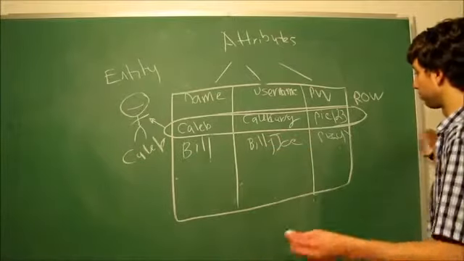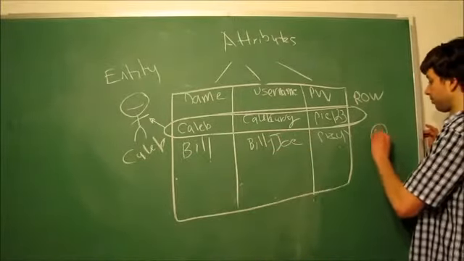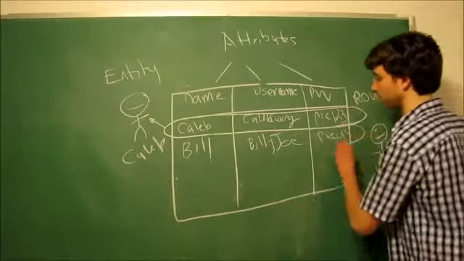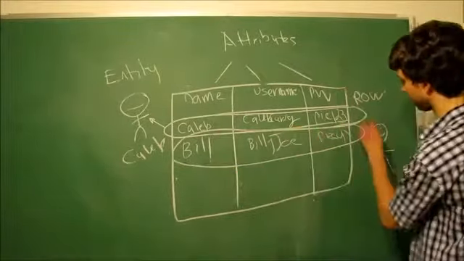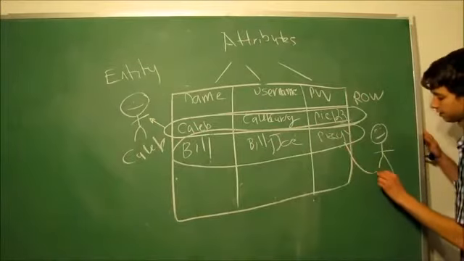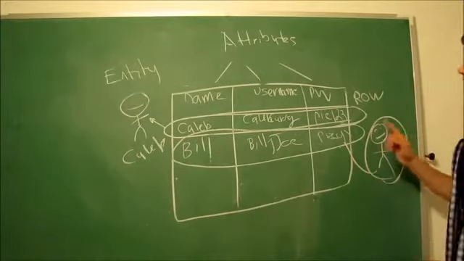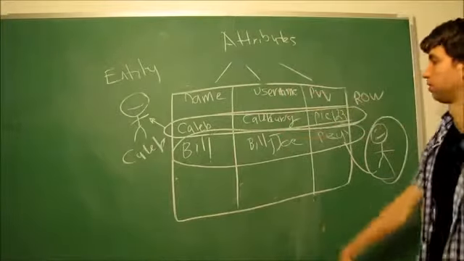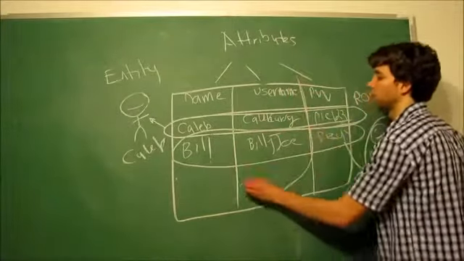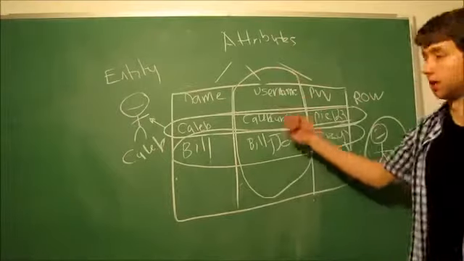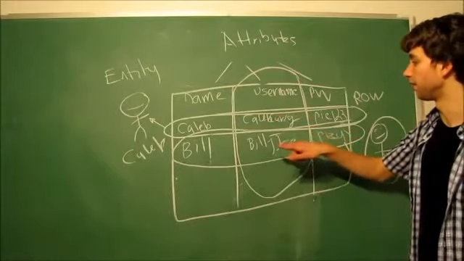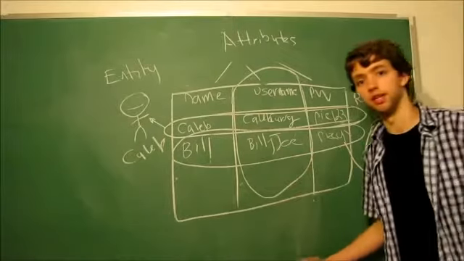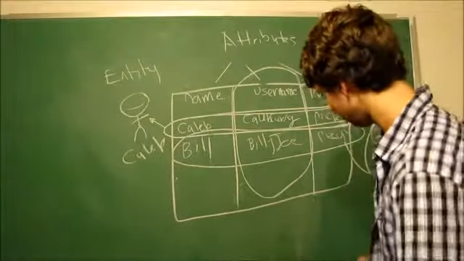So this row is talking about a different person than the one over here. The username is a column where we have all of the attribute type username: Caleb Curry, Billy Joe, and whatever more if we put more values into the table.